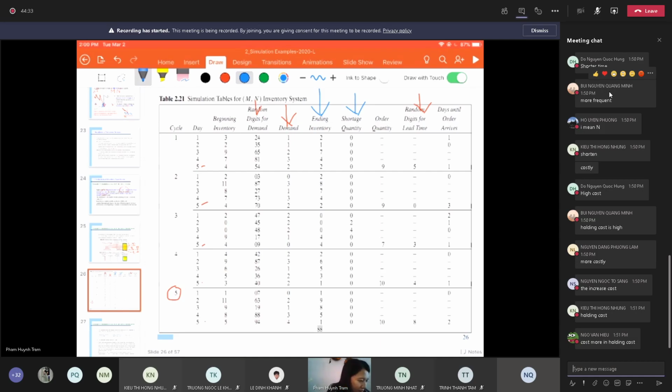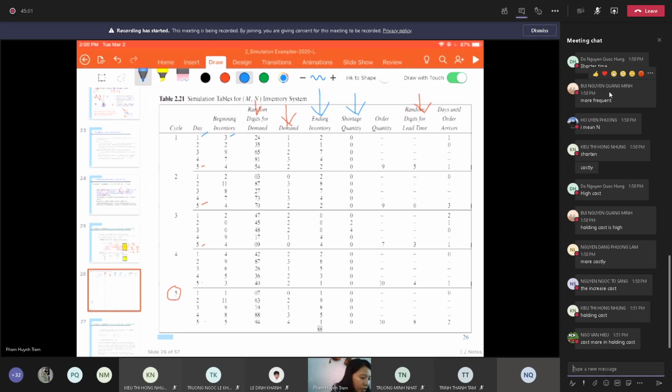Okay, so let's try. We're starting with day one. We assume that our beginning inventory is 3. We can assume a number here. And we will generate a random digit for demand. We got 24.